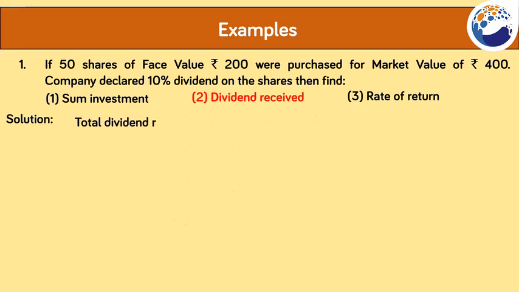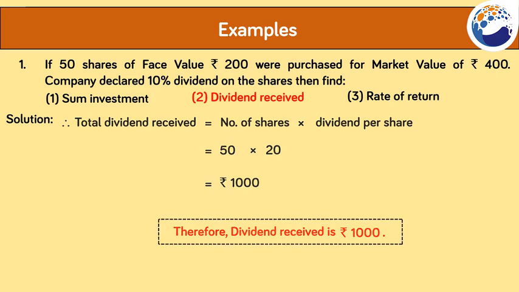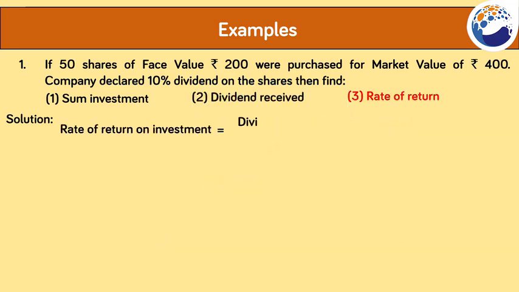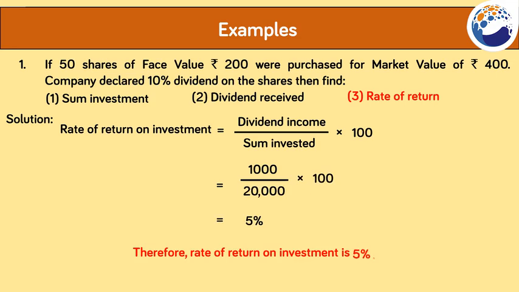Therefore, total dividend received is equal to number of shares into dividend per share is equal to 50 into 20 is equal to 1000. Rate of return on investment is equal to dividend income upon sum invested into 100 is equal to 1000 upon 20,000 into 100 is equal to 5%. Therefore, rate of return on investment is 5%.